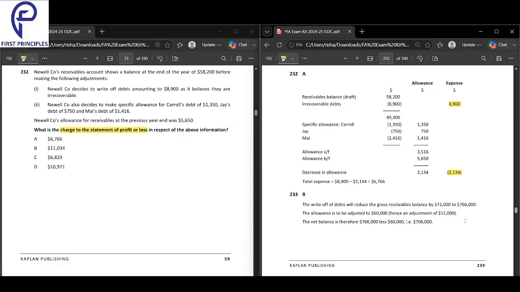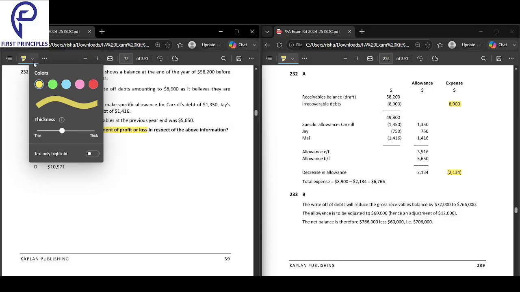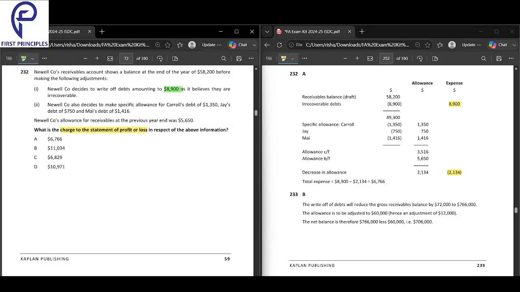Number one is irrecoverable debts. That is directly given in the question; they are writing it off. Second, any change in allowance.